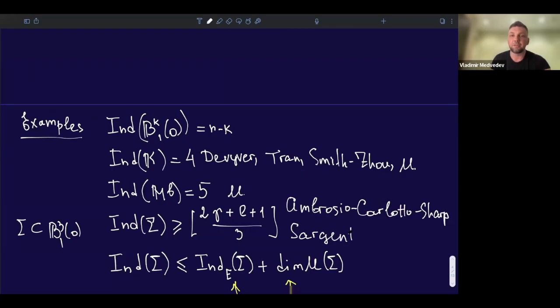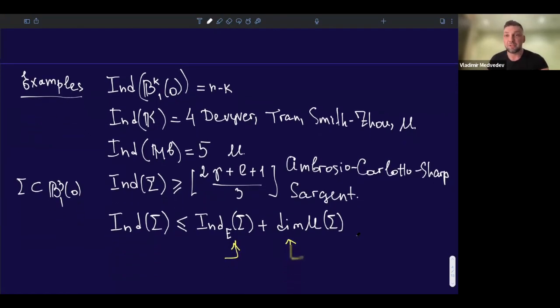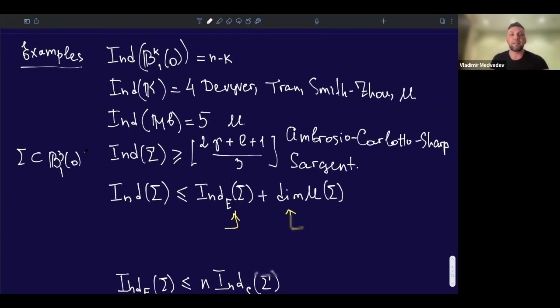Maybe it is Sargent. If you know, please tell me, because she's Canadian. Here, gamma is the genus of sigma, and l is the number of boundary components of it. But this lower bound works only for surfaces in B^3.